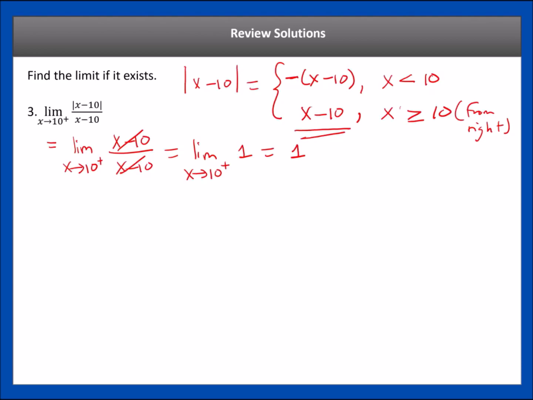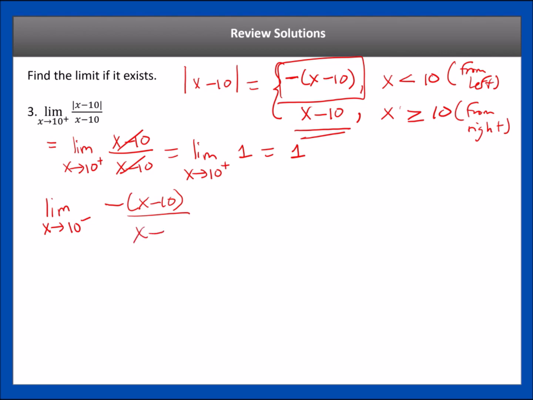And let's go ahead and look at a sub-example. What happens if I were to do this from the left side? Then that means we're looking at this inequality right here, when x is less than 10. In that case, I would replace the absolute value of x minus 10 with this here, and I would write negative x minus 10 over x minus 10.